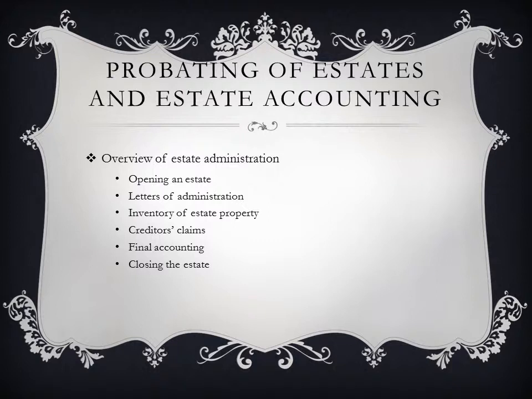Creditor claims. Who did we pay? Did we pay the funeral expenses? If we did, how much? So a final accounting is just like the words sound. When the personal representative finishes the estate, there needs to be zero left. Not one dime left in the estate.